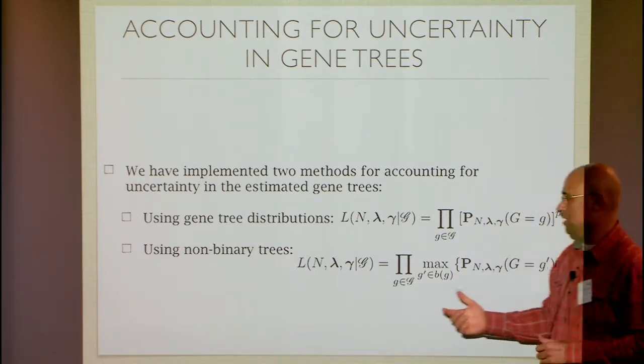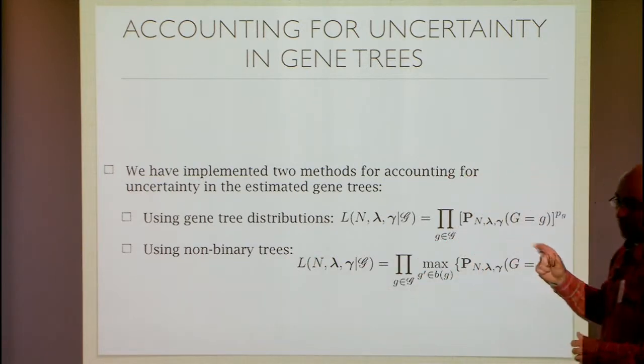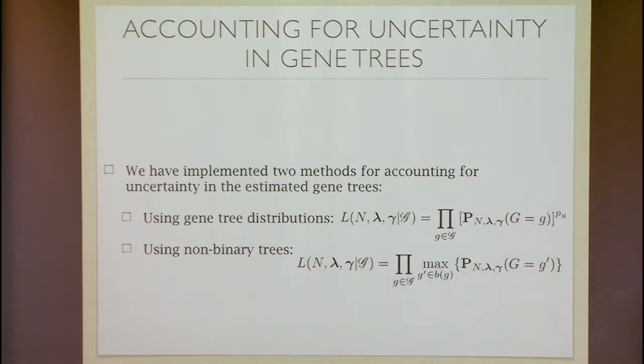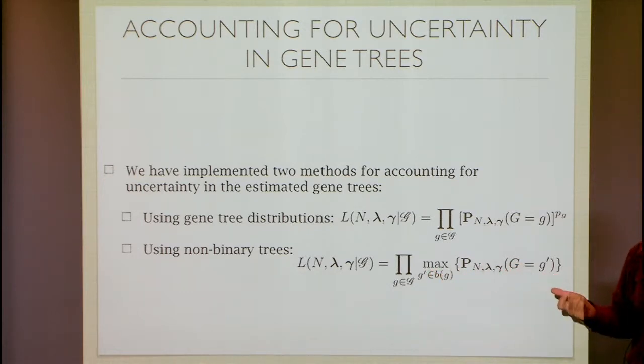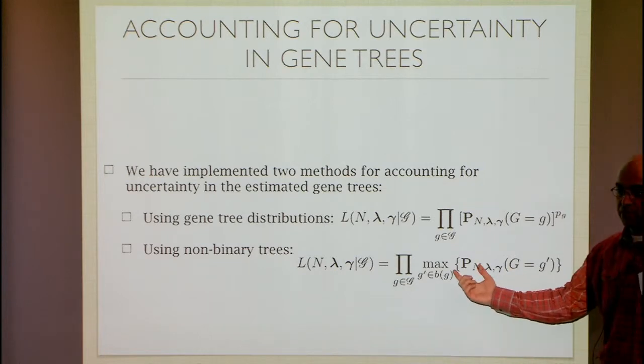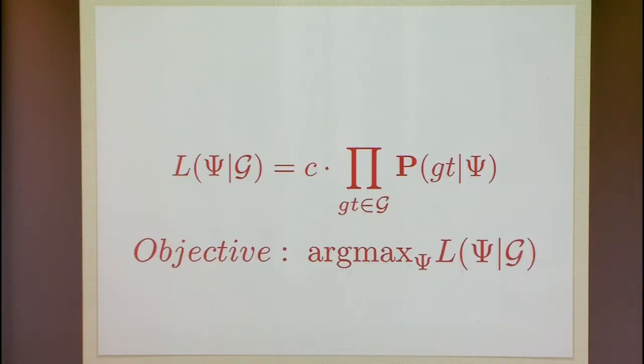Or another thing is that if you are doing bootstrap, then you can contract all the branches that have low bootstrap in the gene trees, turning them into non-binary trees. And then when you are doing the inference or the computation of probability, you can now find a resolution that is probably better, that the phylogeny is going to constrain.